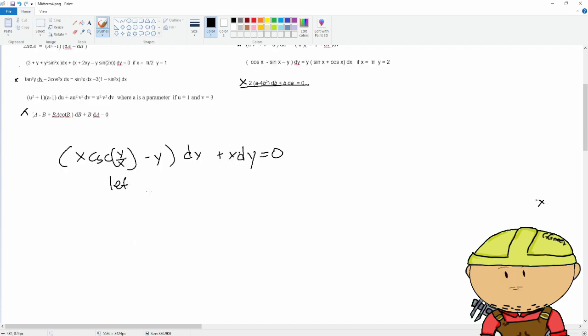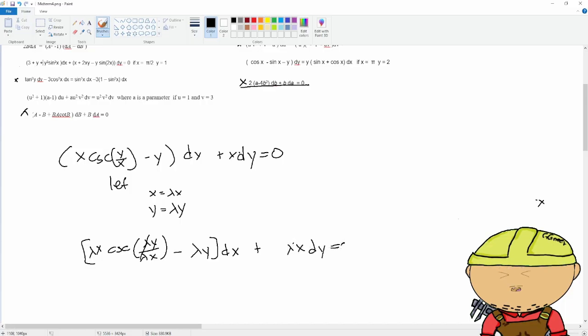So let x be lambda x, y be lambda y. Even though a homogeneous equation will have lambda inside the trigonometric function, because it's a fraction inside, the lambda will be cancelled out, and we can still separate a lambda from the equation itself.